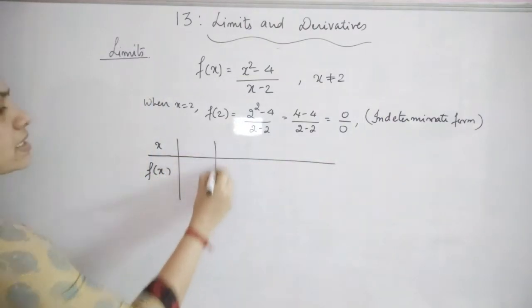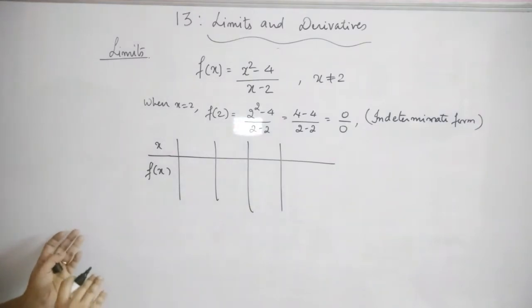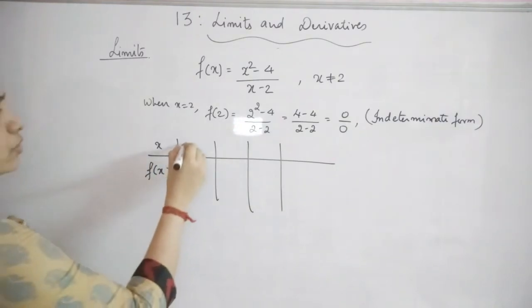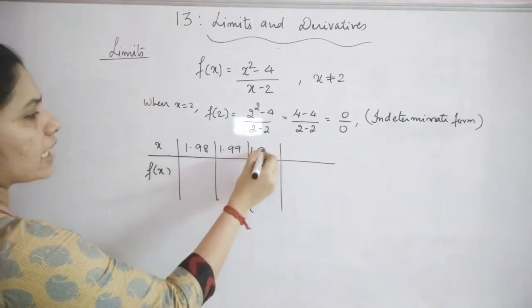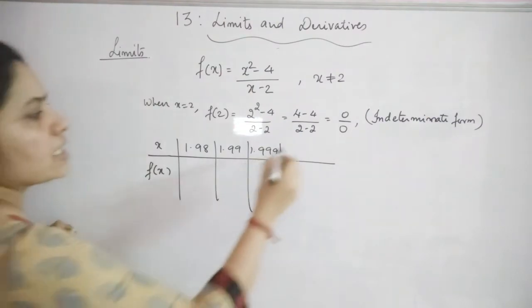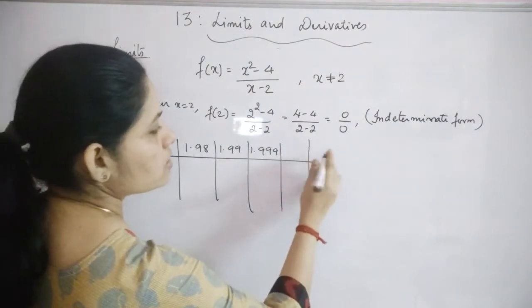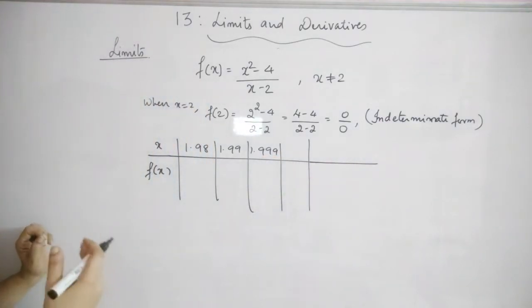So suppose for x, I am taking 3 values which are near to 2 but less than 2, very near to 2. Suppose 1.98, 1.99, 1.999. They are just going closer and closer to 2, right? Now I am taking 3 values which are greater than 2 but again very close to 2.